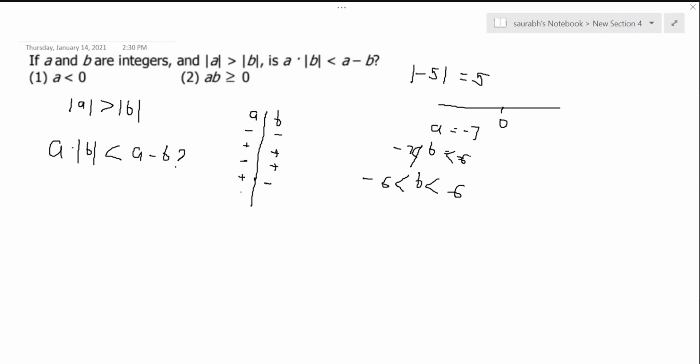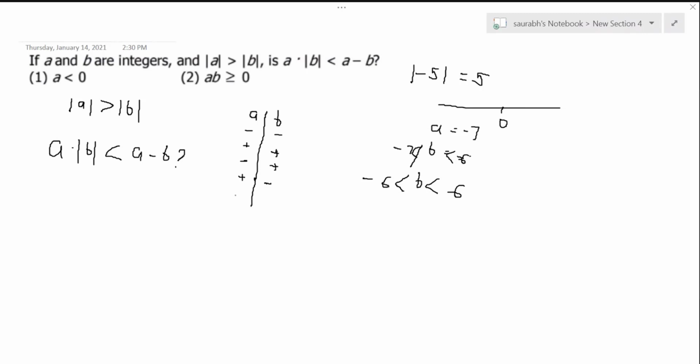If A is negative, absolute value of B is positive, right? Can that be a confirmed answer? Maybe not, it depends on subtraction. I think this is all I can think of too, either plus or minus values.